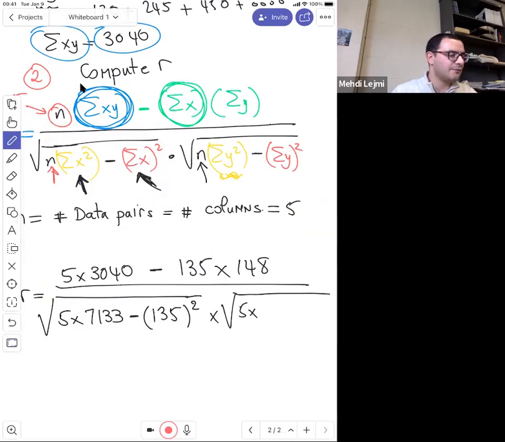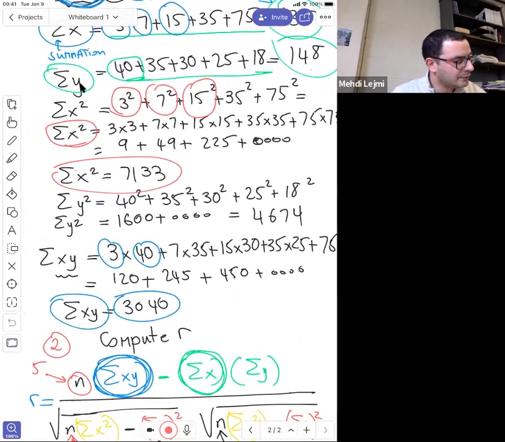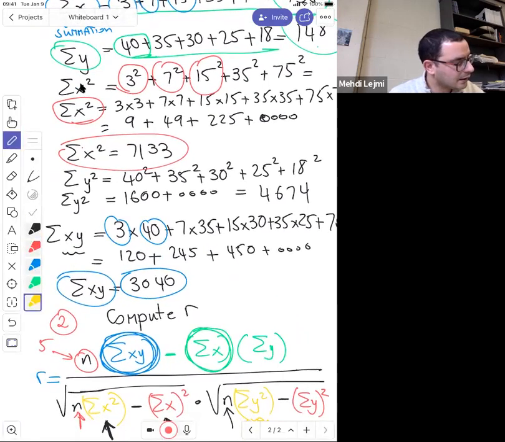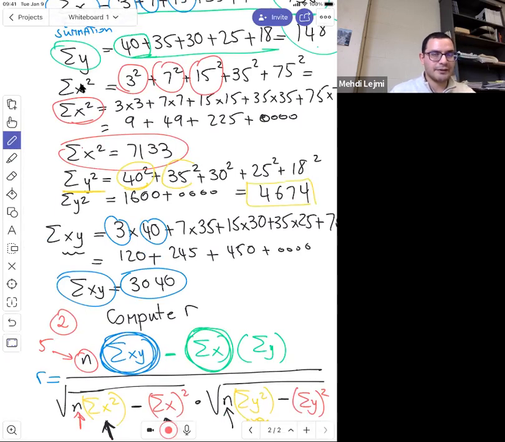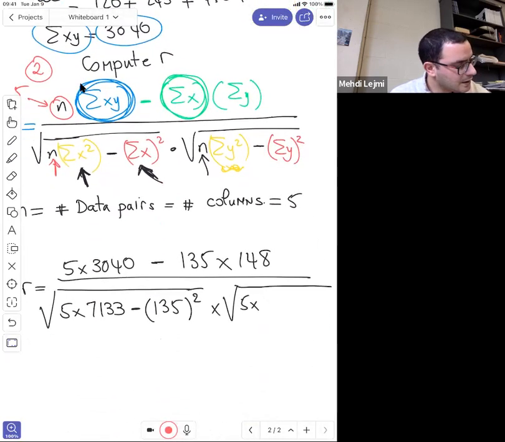So you take the first value of y squared plus the second value of y squared plus the third value of y squared, etc. So that's this number right here, the sum of the y squares. So the answer is 4,674. So 5 times 4,674.